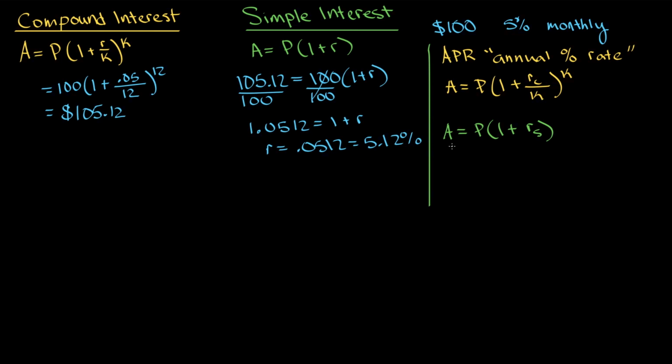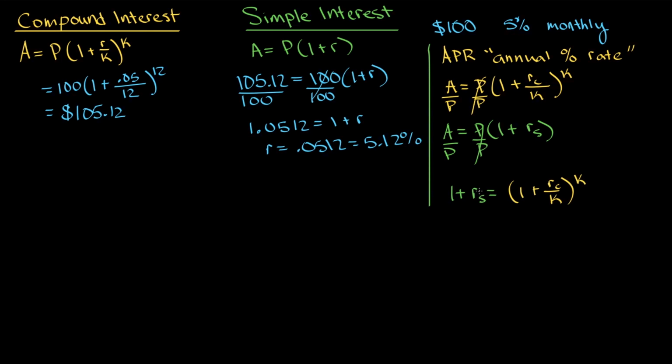So both A and P in both formulas are the same. So we can do this. We can divide both sides by P here. Those will cancel. We can divide by P down here as well. These will cancel. And now we can equate these two things. So we have 1 plus R sub S is equal to 1 plus R sub C over K to the kth power.